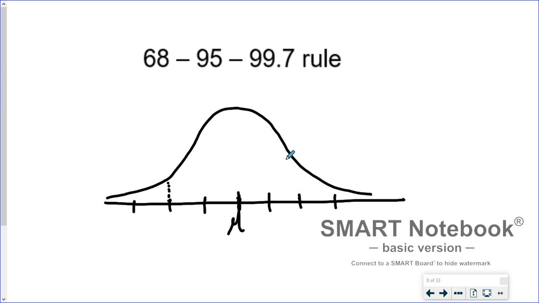And of course, I'm sure you can guess by now what that last one will be, 99.7. Within 3 standard deviations of the mean, 0.997, or 99.7% of the data will fall within 3 standard deviations of the mean. All right, so very little data falls outside of 3 standard deviations of the mean, and typically those are outliers for the most part.